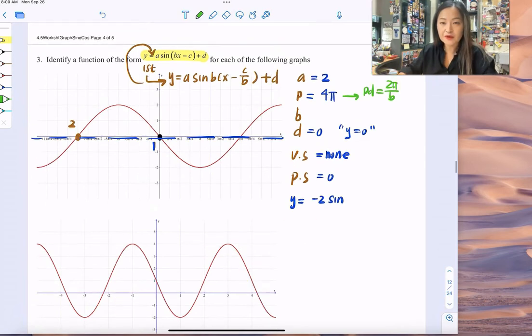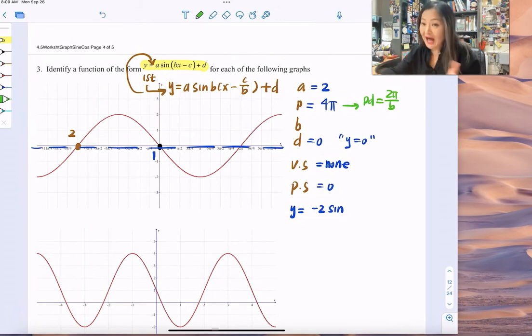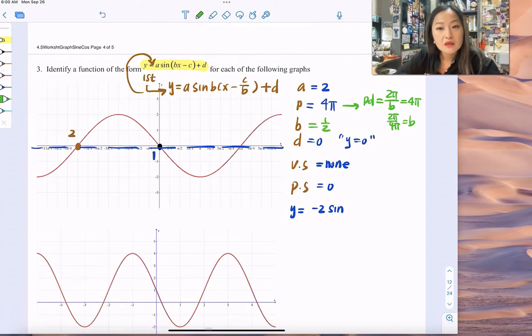I don't know what b is yet, but I know my period was 4 pi. So what does that make my b? 2 pi over 4 pi equals my b, so my b is 1/2. So I'm going backwards. Usually we get the b, and then we plug it in here to get the period. But now I know my period, so I'm going to go 2 pi over b, and solve for b. So my b is 1/2.